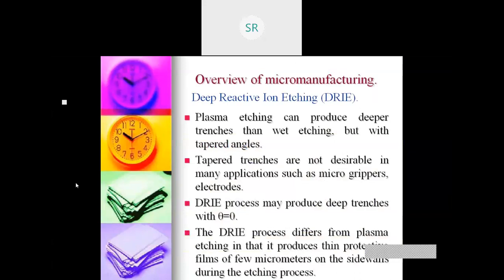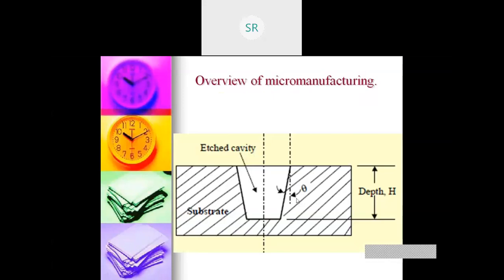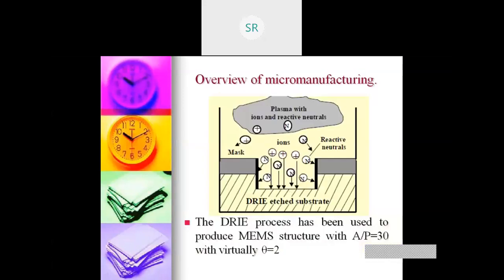It produces a thin protective film, usually of polymer, of a few micrometers. This thin protective film is nothing but this, a thin protective film on the side wall. This thin film is produced during the process, usually a polymer film, of very few micrometers thick.